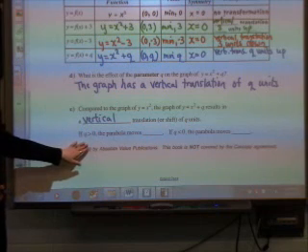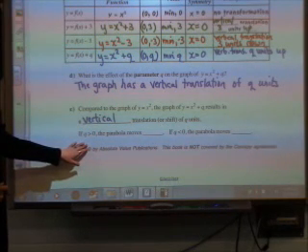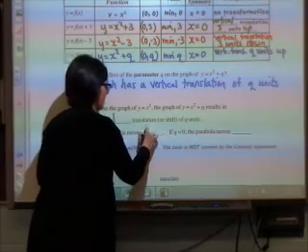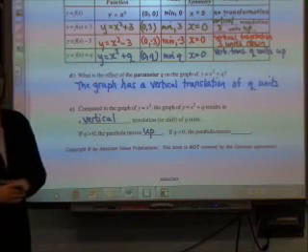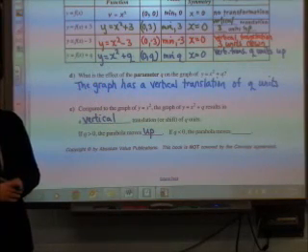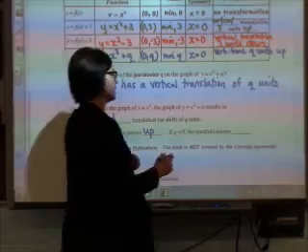When the value of q is greater than 0, so when it's positive, what does the parabola do? It goes up. And when the value of q is negative, it moves down.